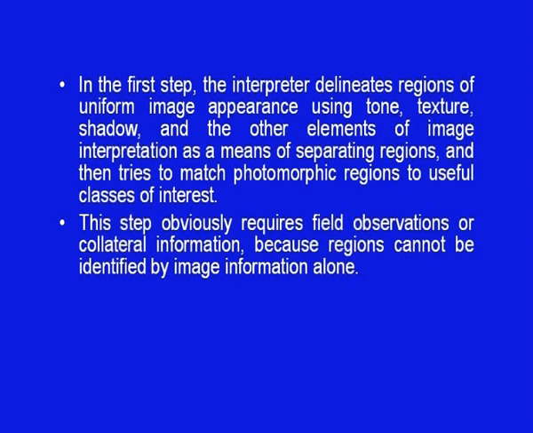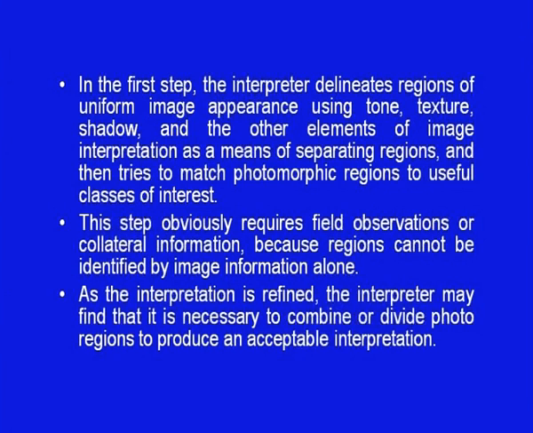This step obviously requires field observation or collateral information, because regions cannot be identified by image information alone. As the interpretation is refined, the interpreter may find that it is necessary to combine or divide photomorphic regions to produce an acceptable interpretation.